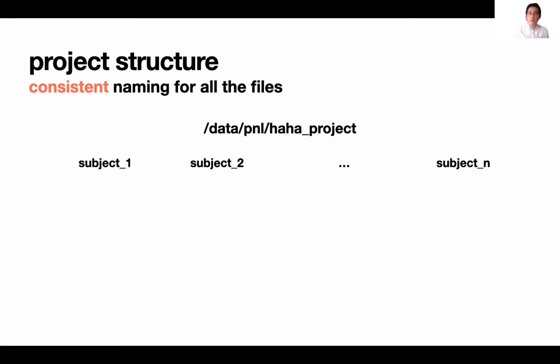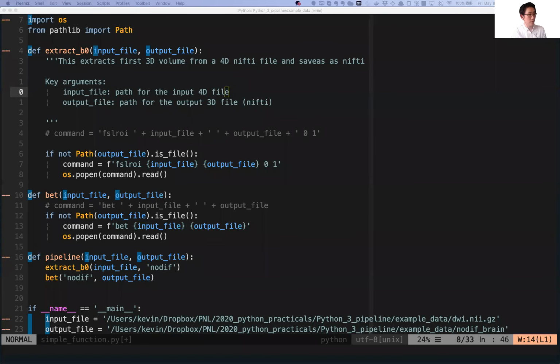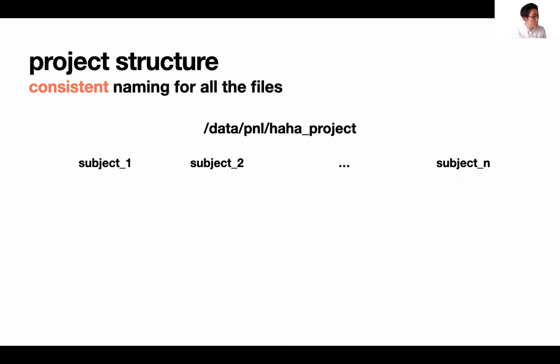Okay, the last one is quite extra. You don't have to understand it at this point, but I try to explain the class in an easier way that applies to neuroimaging more. Say we have a project called haha. So we have the haha project, and we have data inside /data/pnl/haha project.